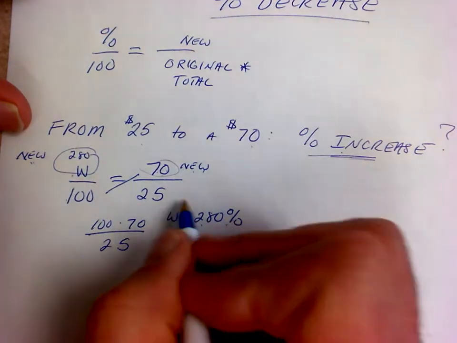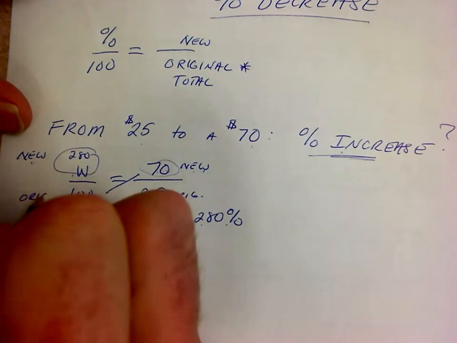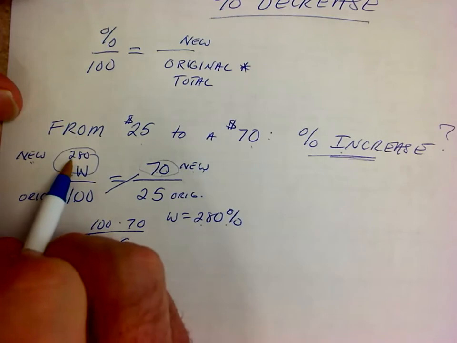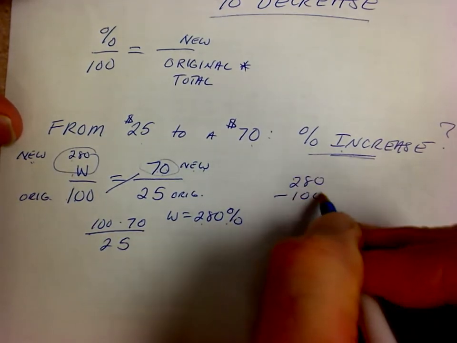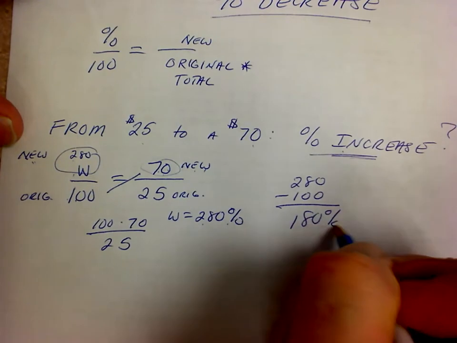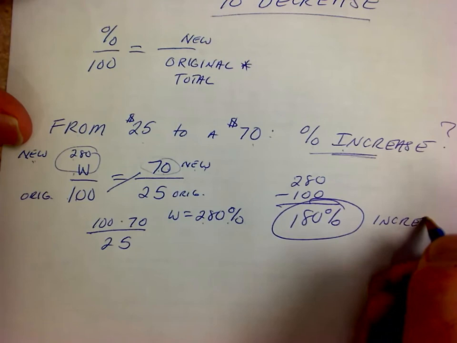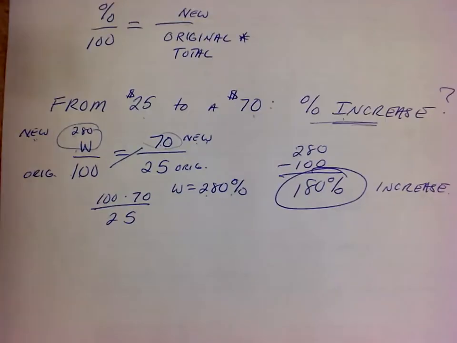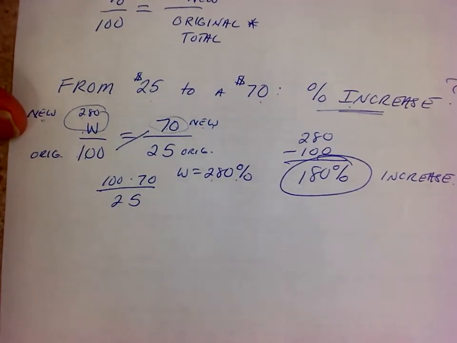So again, if this is an original, then that means this is an original. So our original percent was 100. Our new percent is 280. That means that we have a 180% increase. All right, 180% increase. So we have a little subtraction there at the end to catch up.